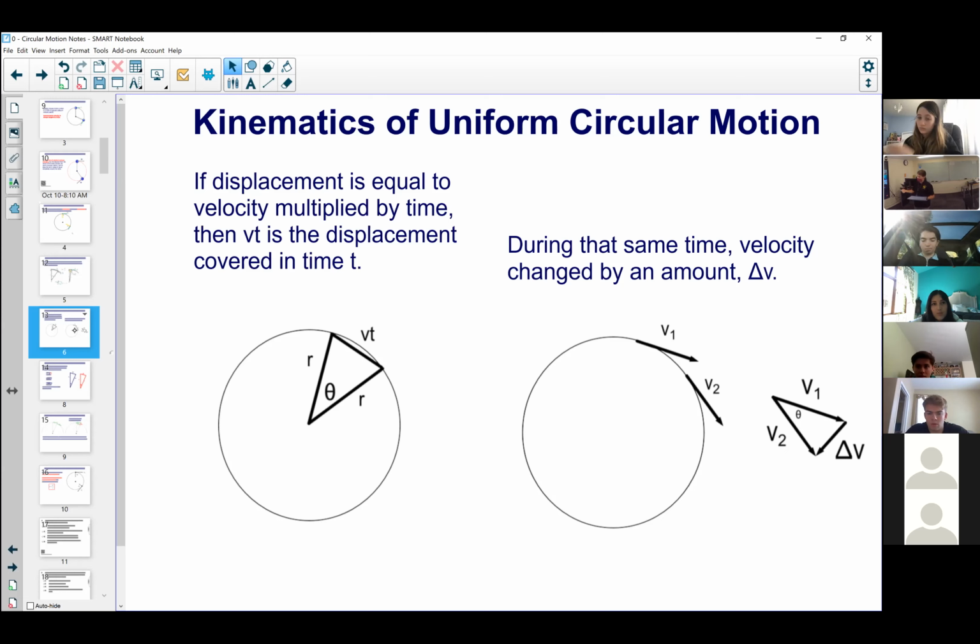What is the change in velocity over time? Oh, the acceleration. So using pre-calc to think about it as triangles and geometry and trig to recognize they're similar triangles and set up a proportion, we have shown how we can find the acceleration for something moving in a circle. It would be the velocity squared over the radius of the circle.